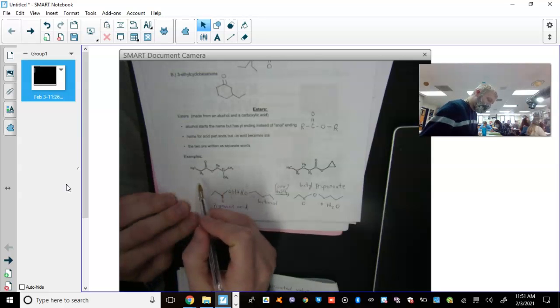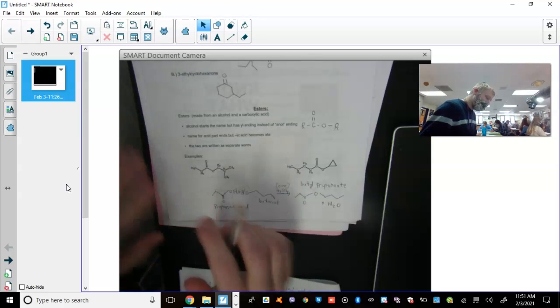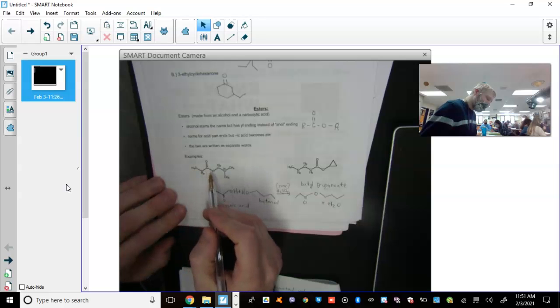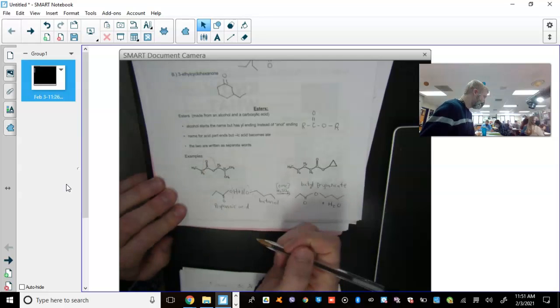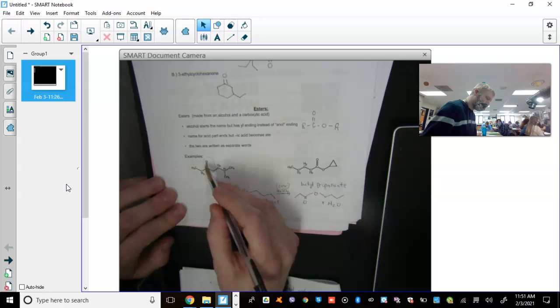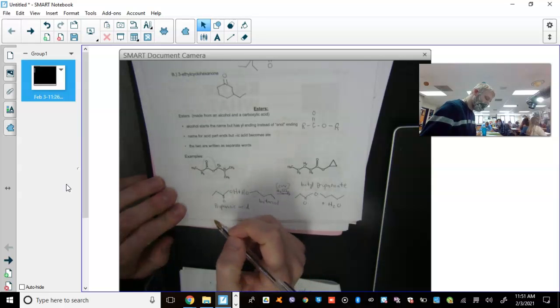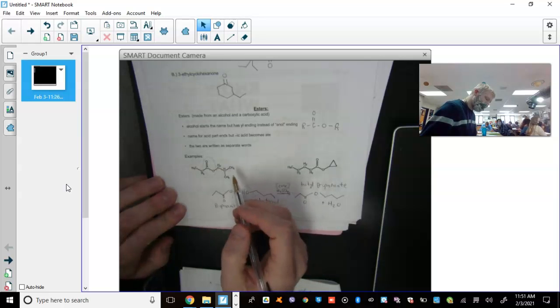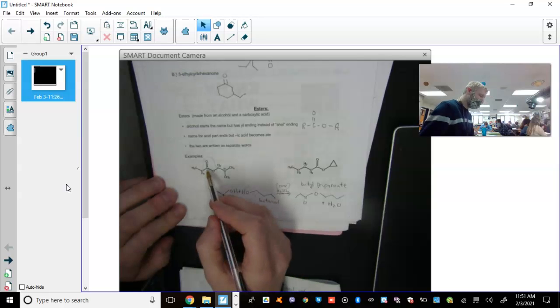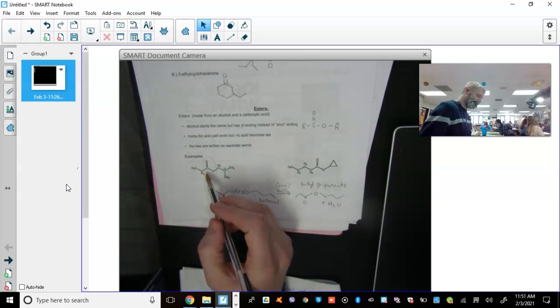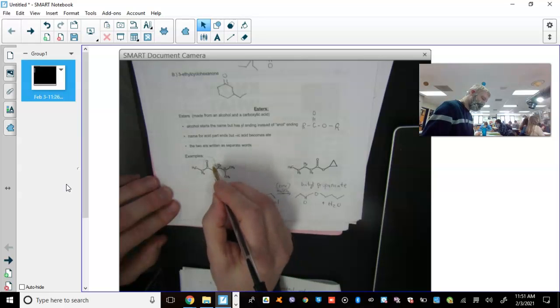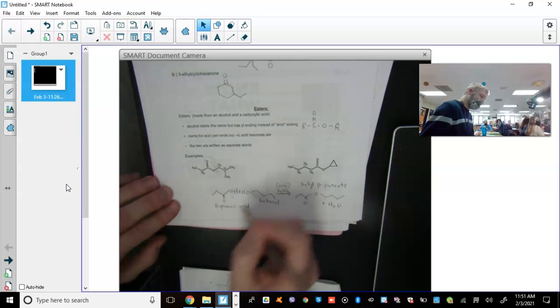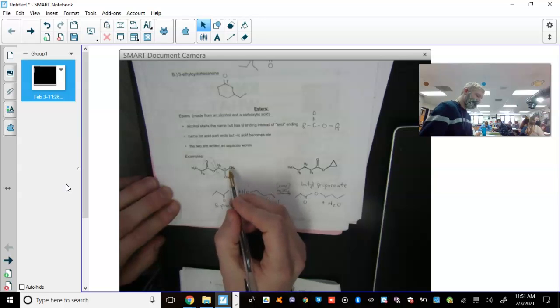All right, let's do this name right here. We got 1, 2, 3. What's that? This is the ester. If I'm circling my functional group, that's what I would circle. That's my ester, this carbonyl with an O coming off. The double bonded carbonyl, that's my carboxylic acid. So COO and one's connected to an H. So right there is my cutoff. That means my alcohol is 1, 2, 3.